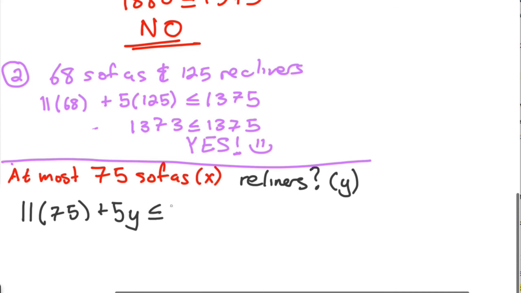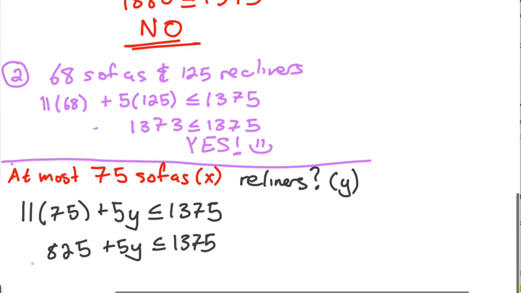Well, I know that that has to be less than or equal to 1,375. Okay, so if I multiply 11 times 75, I get 825 plus 5y is less than or equal to 1,375.